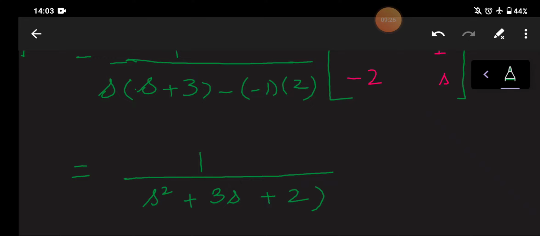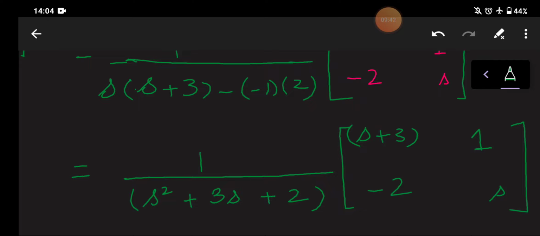When you multiply, and inside the bracket, here we have S plus 3, here we have S, here we have 1, and we have minus 2 here.